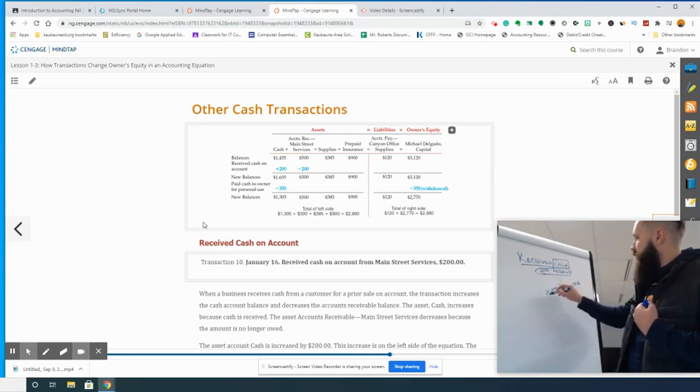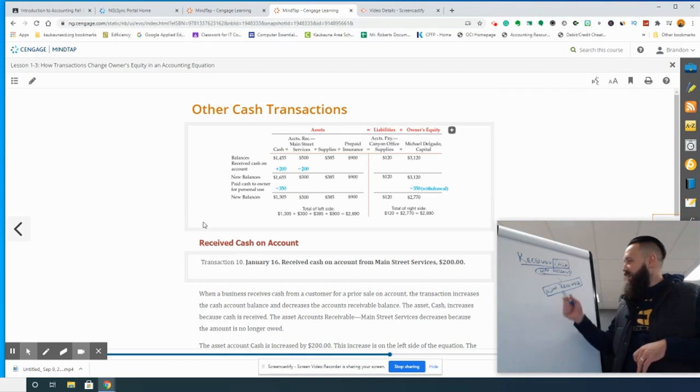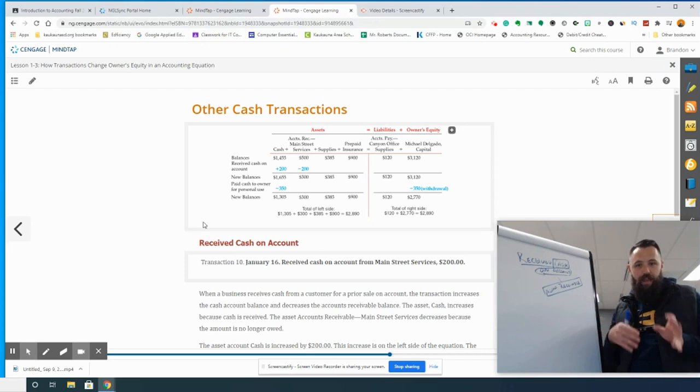So those are our two accounts. Accounts receivable and cash are going to be our two accounts. So when we look at this, the two accounts that are affected are cash and accounts receivable.